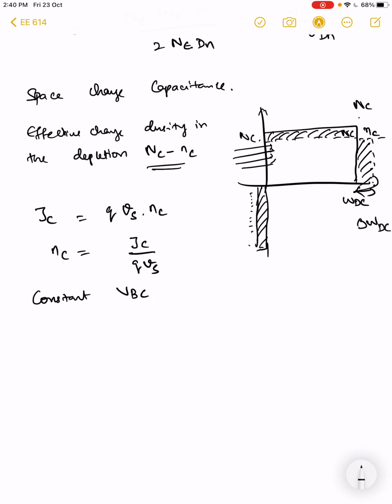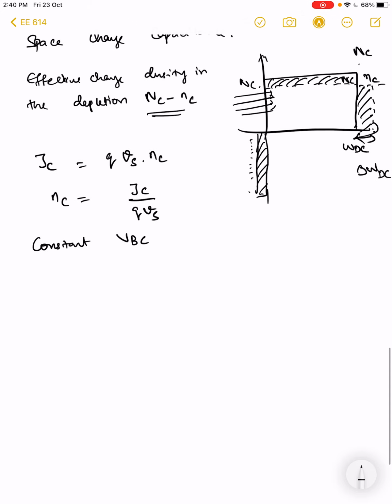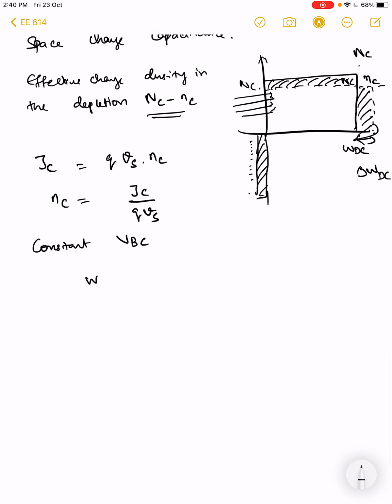VBC, that is the base collector potential, then the depletion width square is 2 epsilon s VBC by QNC, NC being the charge density, right? This is what we previously saw.